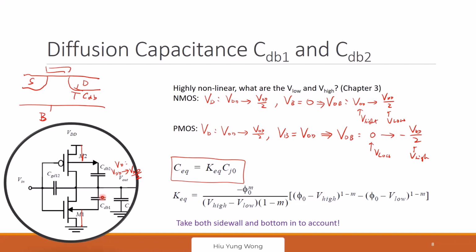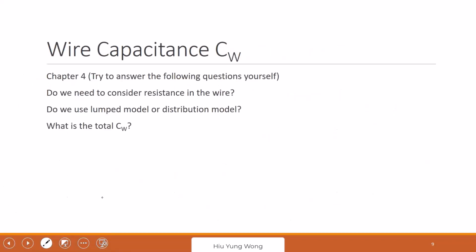Now we learned about this before already, right? Then how about wire capacitance? Wire capacitance, you think about yourself. We learned in chapter 4 already. How do we find the wire capacitance? Yeah, you can do RC, but it really depends on whether you use the lumped model or the distributed model, right? So this really depends on how important it is.